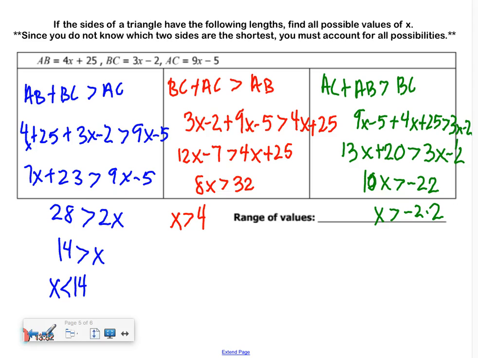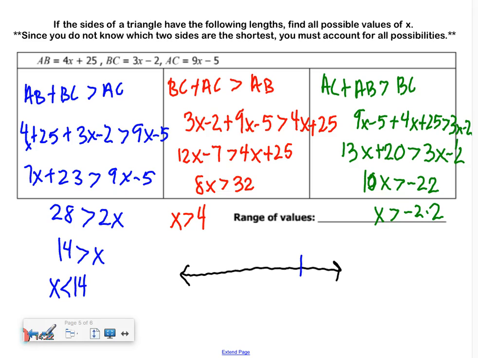Okay, now to figure out our lower bound and upper bound, we need to graph these inequalities, so make yourself a little number line. And we're going to plot some points. If I start with my blue inequality, it says x is less than 14.